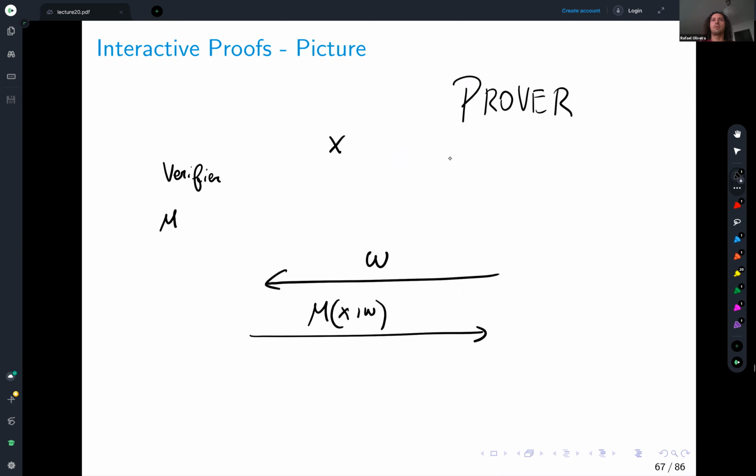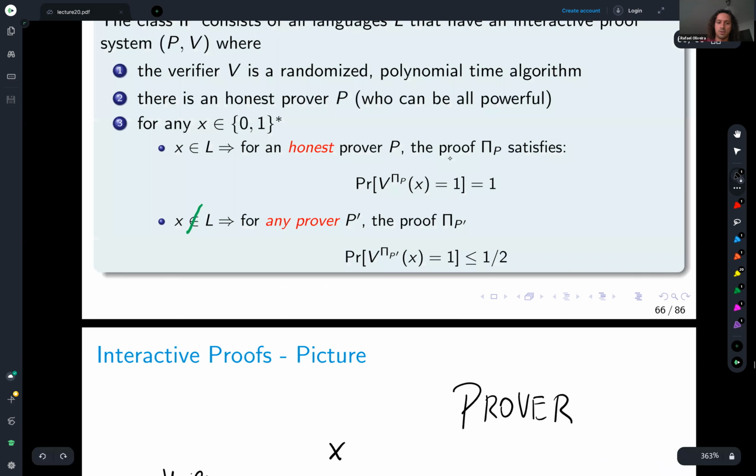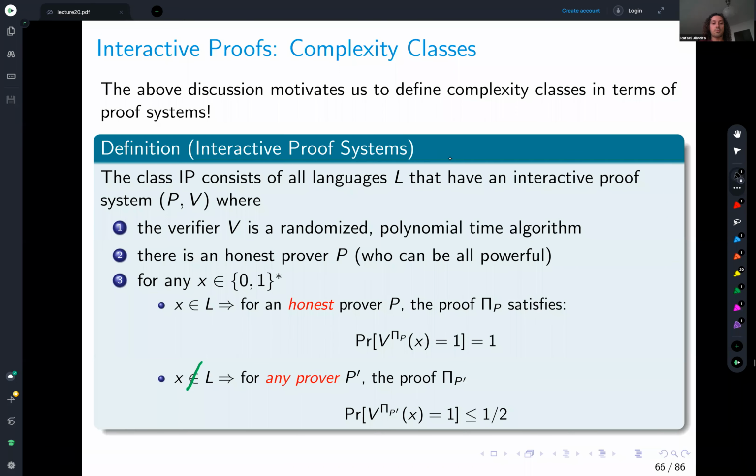Sorry, you're asking something? I wanted to ask, like, now you're quantifying over provers instead of quantifying over proofs. Yes, exactly. Here we're still not quantifying the prover, right? We're just saying that there is an honest prover.